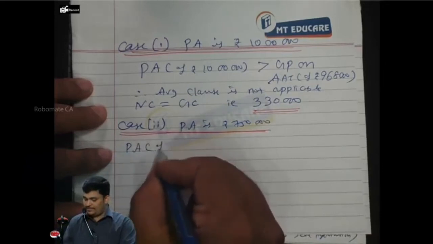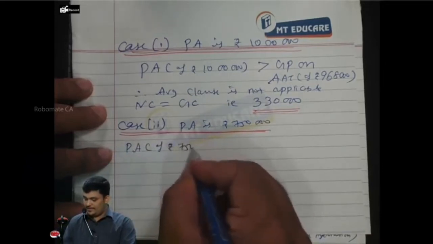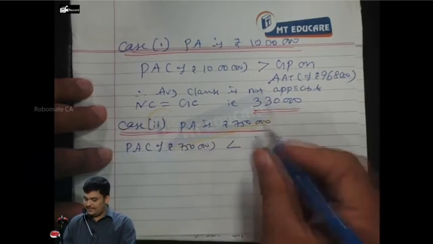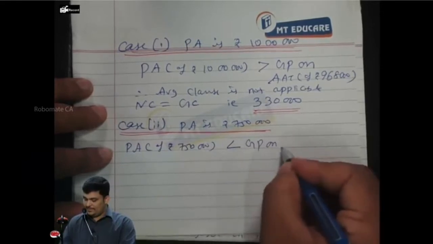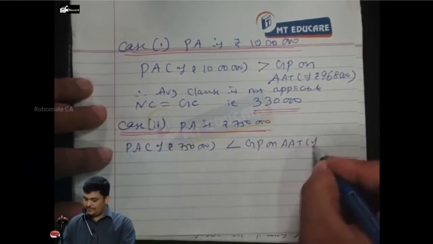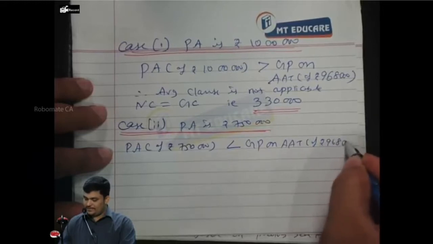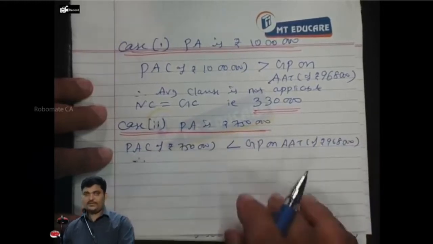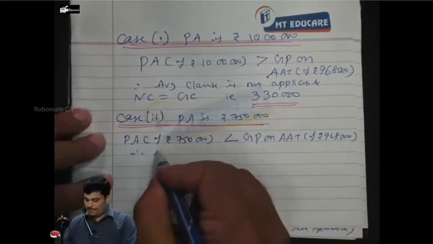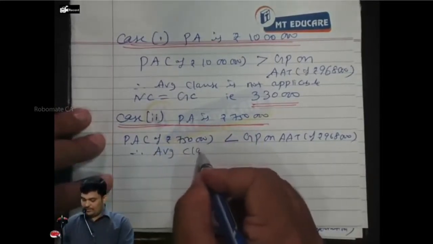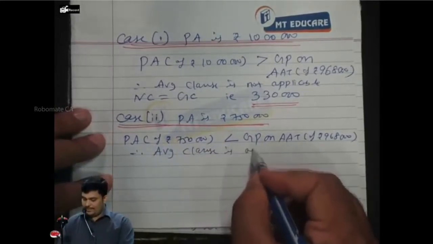Policy amount of rupees 7,50,000 is less than GP on AAT of rupees 9,68,000. Therefore, average clause is applicable.